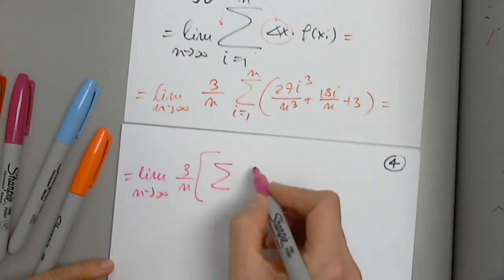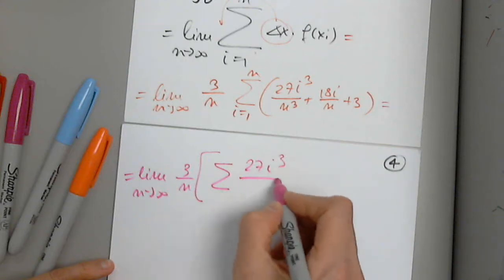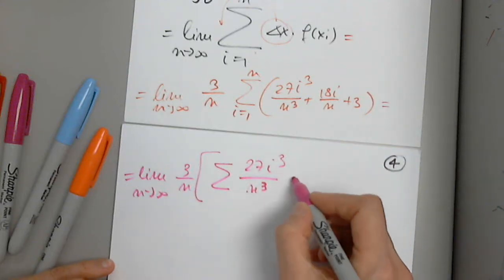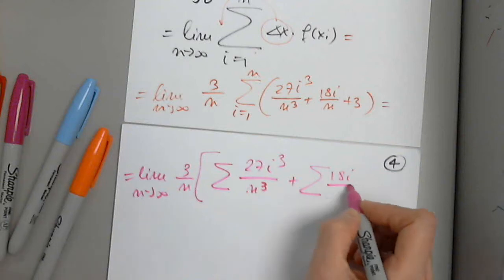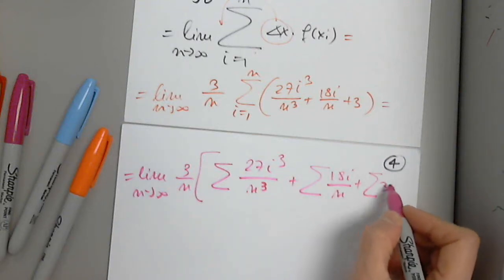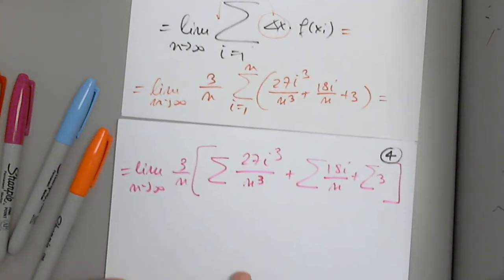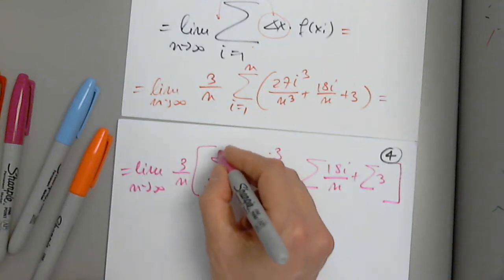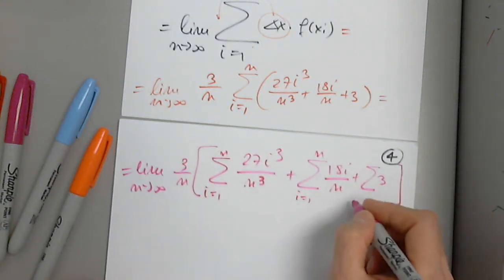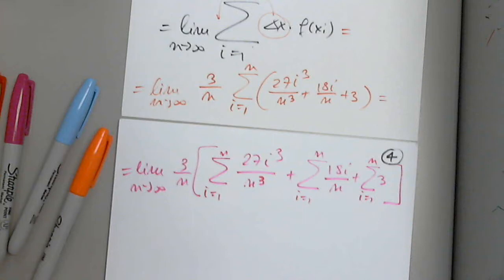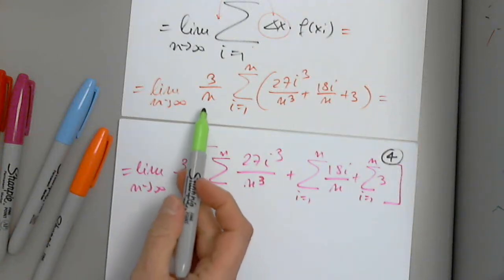So then we have the limit as n approaches infinity of 3 over n, and then the sum of 27i cubed over n cubed plus the sum of 18i over n plus the sum of 3, each from i equals 1 through n. And now the constant goes in front of each, like we just did with 3 over n.